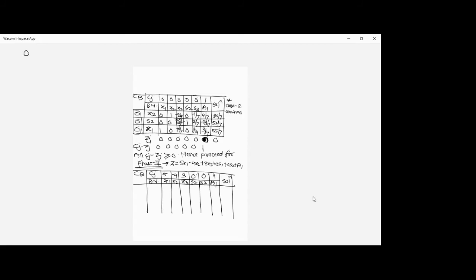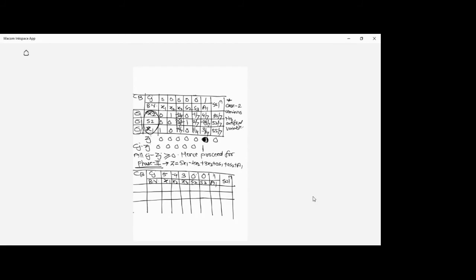There are no artificial variables among these basic variables. So what you can do in your phase 2 is directly eliminate the A1 column, or you can simply not consider the A1 column.